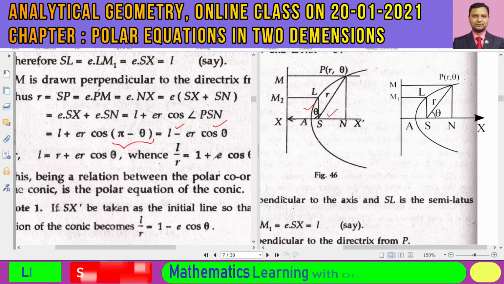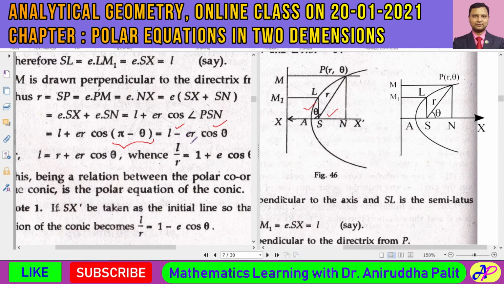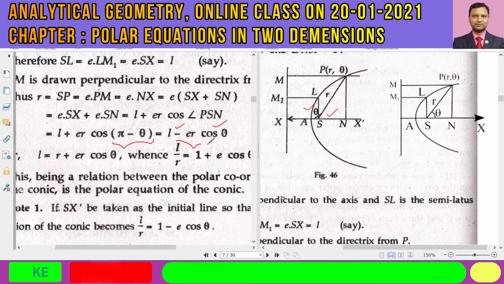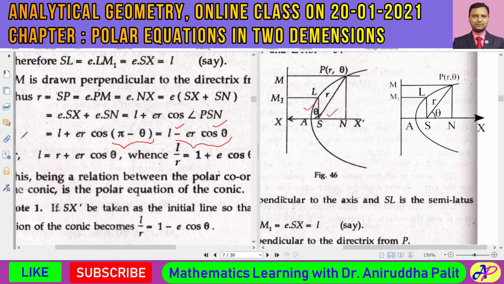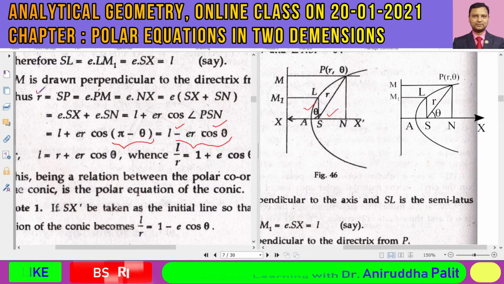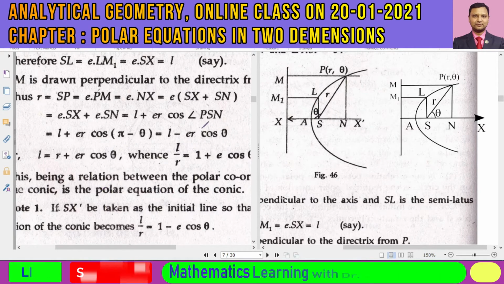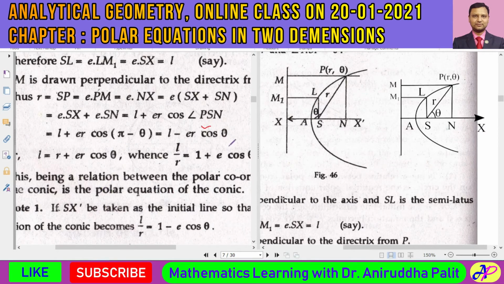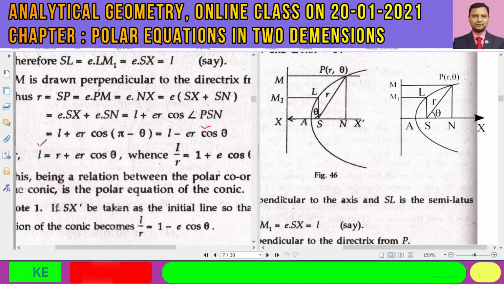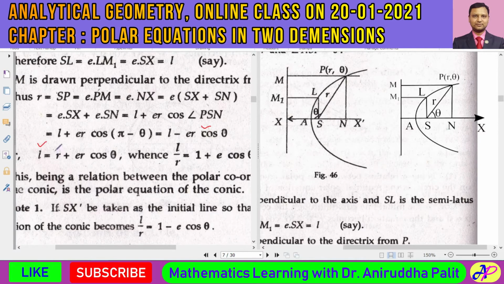Negative of cos theta. Now, if this last term is taken on the left hand side, what we have on the left? On the left we have r, this small r. Then if this term is taken on the left hand side, we shall have that L is equal to the small r, and this negative symbol would become a positive symbol.